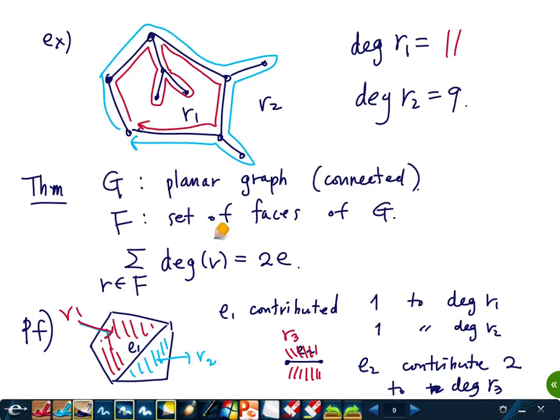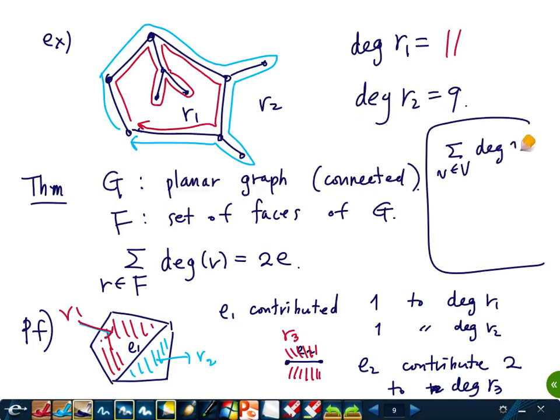This is similar to the theorem, if you remember. For all vertices V, the sum of degree of V equals 2 times the number of edges. This is the first theorem that we learned in graph theory.